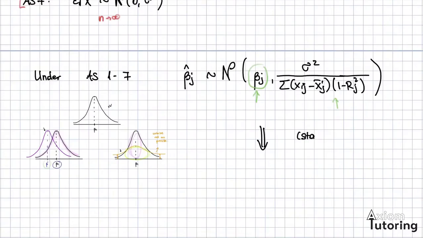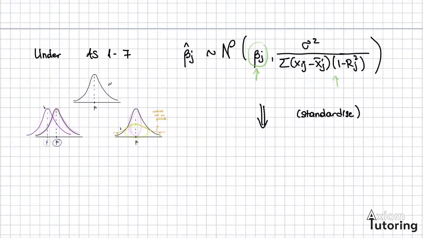Because from here, we can use the standardization formula, which might come easy to remember for some of you who have done statistics, but for others not, so we'll remind you. When we standardize, we subtract the mean and divide by the standard deviation. So we take beta hat j minus beta j, because remember, this is the mean, divided by the standard deviation of the beta hat j.